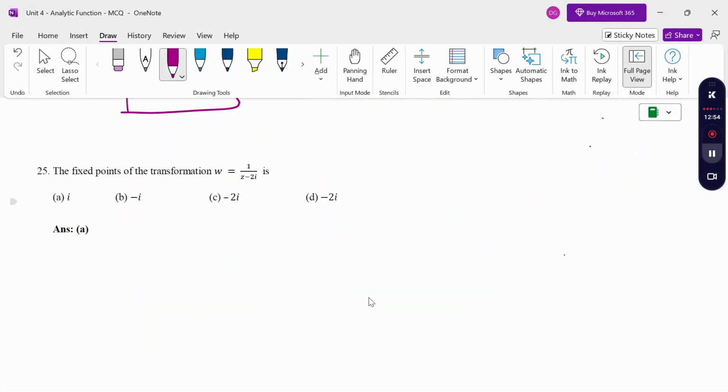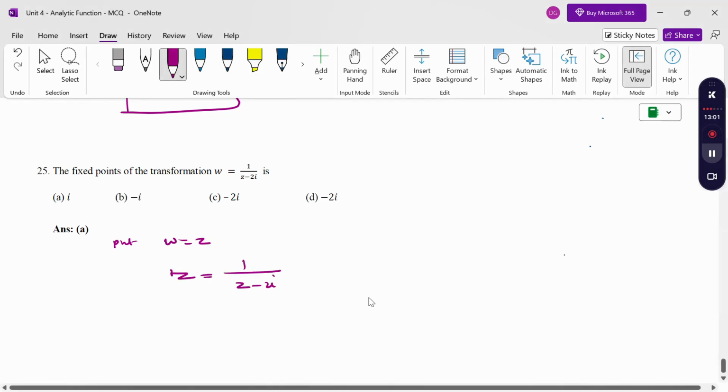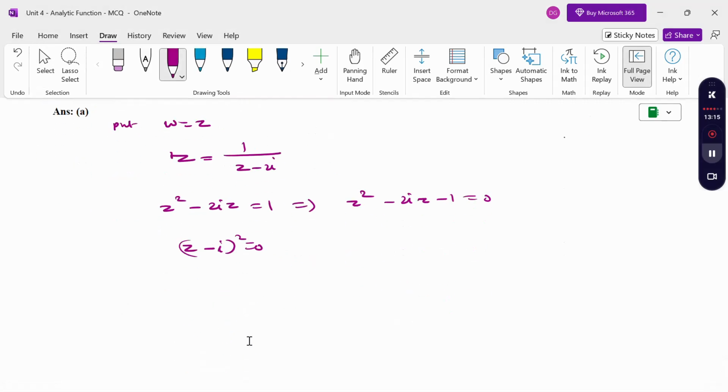For this one, again w equal to z. So z equals 1 by z minus 2i, so z square minus 2iz equals 1. From this, z square minus 2iz minus 1 equals 0. This forms z minus i whole square. When we expand this, z square minus 2zi plus i square, using a minus b whole square, a square plus b square minus 2ab.